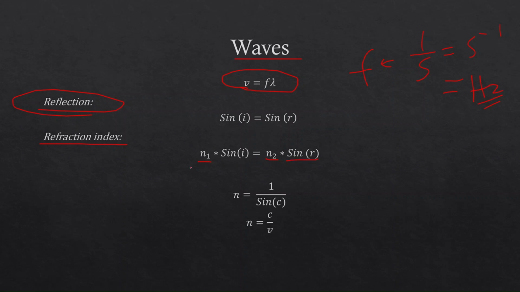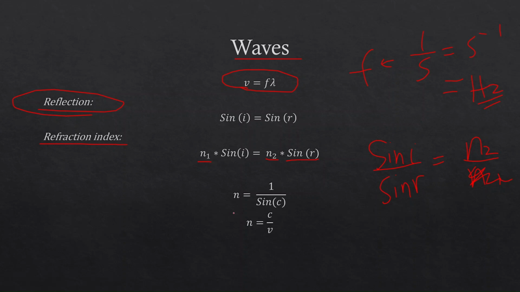Therefore, sine i by sine r is equal to n2 by n1. If n1 is air, meaning the initial medium was air, it has a refractive index of 1, so we just cancel this out. The refractive index of a medium when light is traveling from air to the second medium is equal to sine i by sine r.